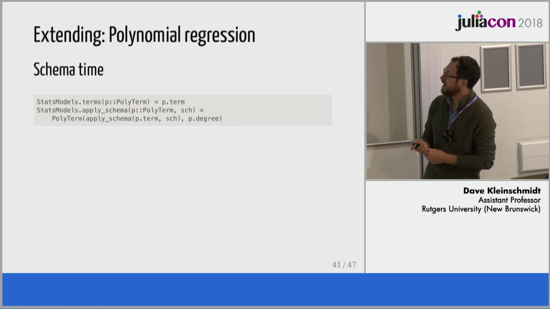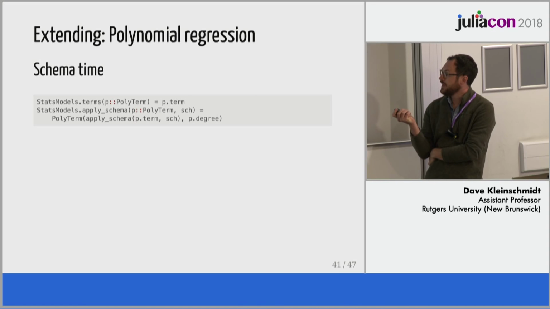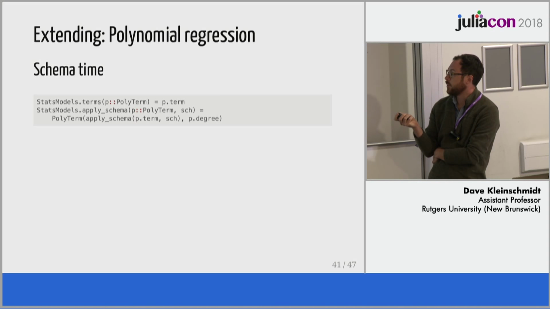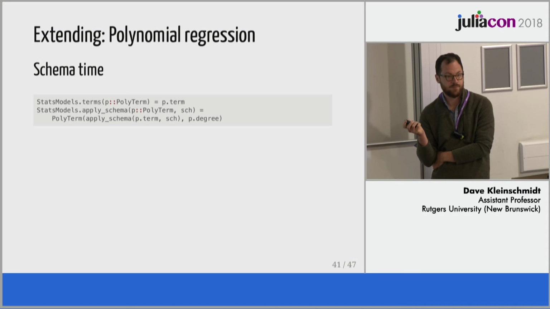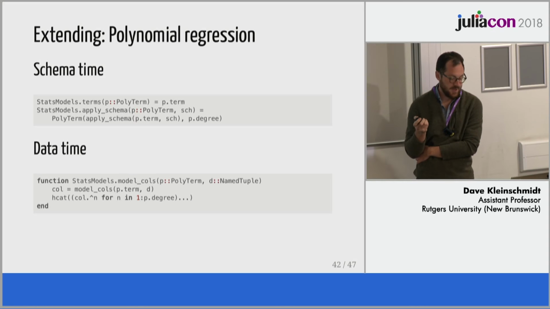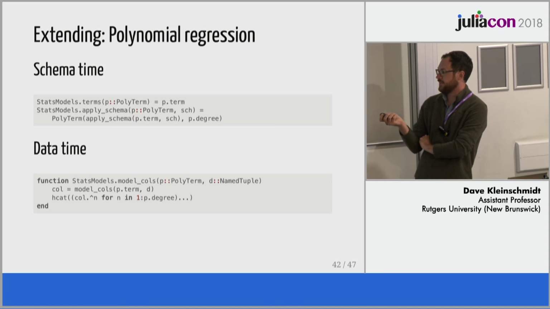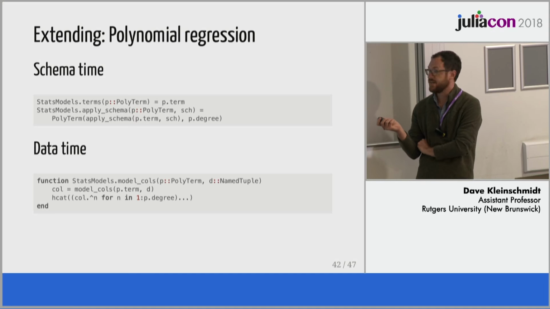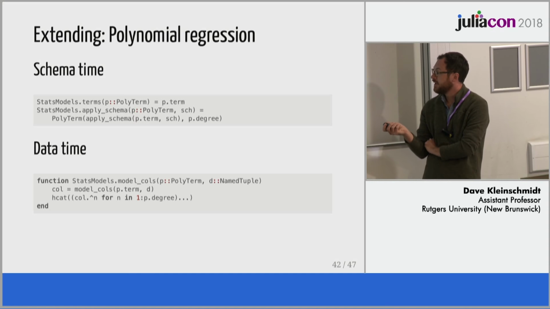Okay. And at schema time, you have to tell StatsModels that you want to generate a schema for the term that's contained in your special struct, and then tell it how to apply a schema to your special struct. So here we're just generating a new poly term where we apply the schema to the term that we've wrapped and just pass the degree on through. And finally, at data time, you just have to define a method for model cols that takes a named tuple of data and your term.